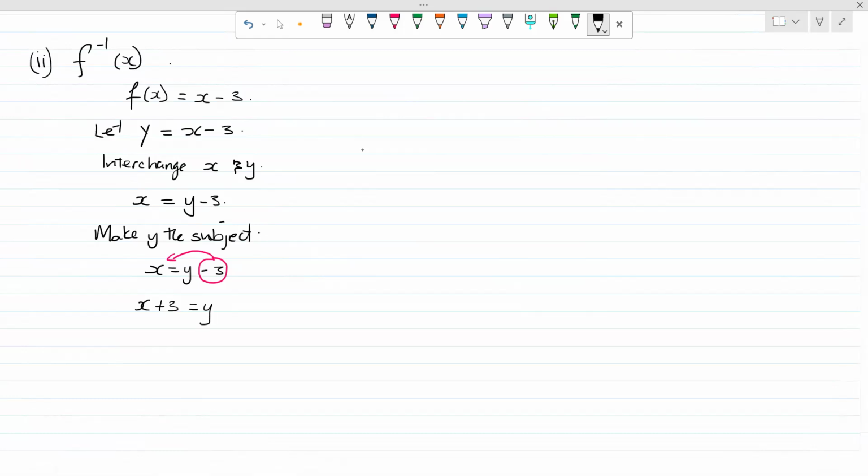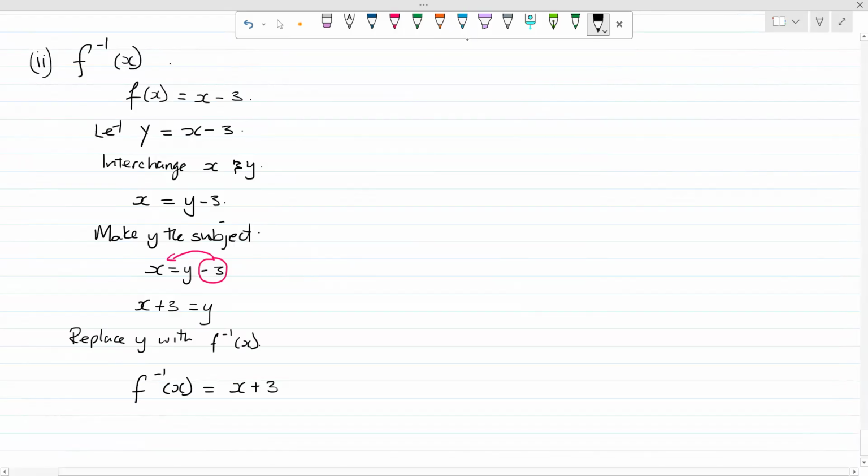And this is a very easy example. We've made y the subject. So we're going to then replace the y with f inverse of x. So you could write our answer as f inverse of x is equal to x plus 3. Everybody okay with that?